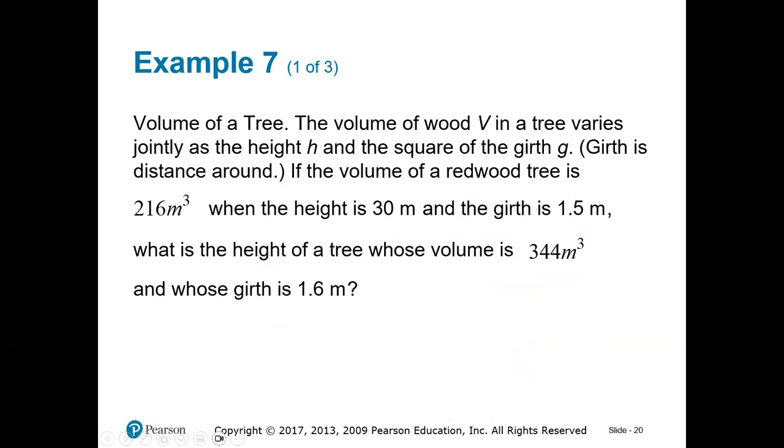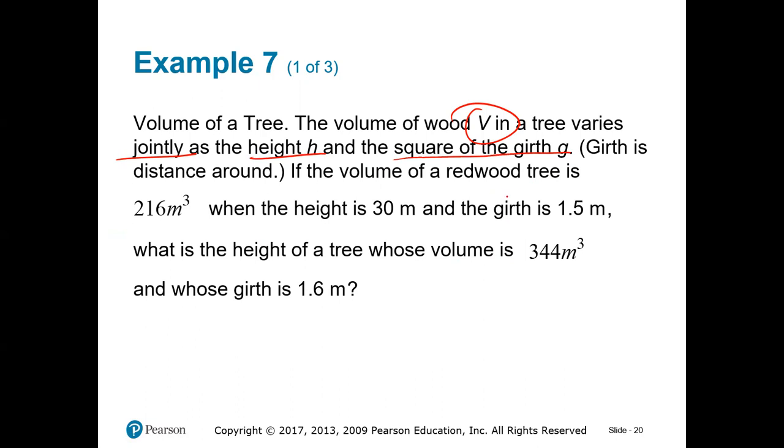Okay, so let's talk about our next one. It says application of volume of a tree. The volume of wood V in a tree varies, so we're going to use V, varies jointly as the height h and the square of the girth g. Girth is the distance around. So we're talking about a tree now.